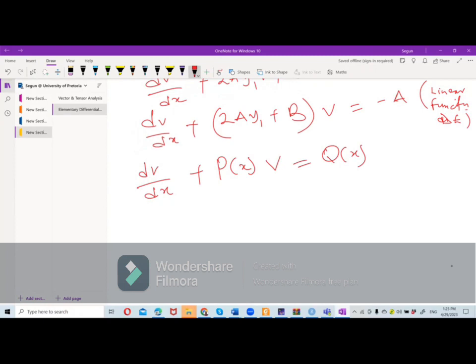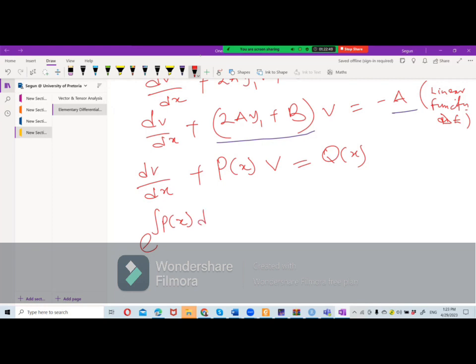Then I can now begin to solve this one. Everything here now is p of x. This represents q of x. The v dx is there. Then it's possible for us to solve. If I want to solve this, it's going to be the exponential of the integral of p of x.